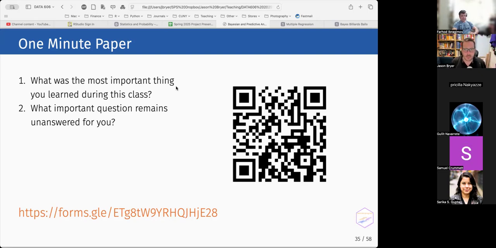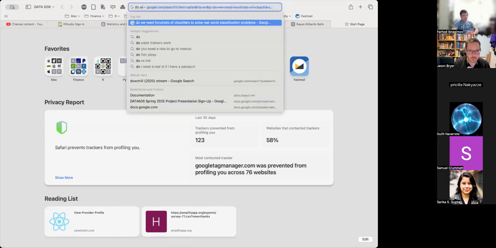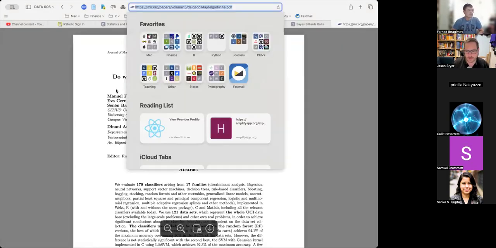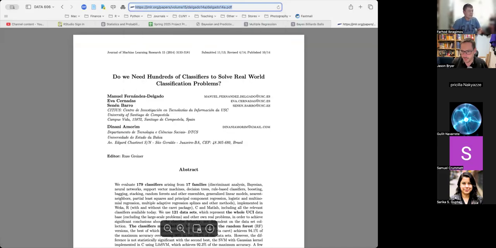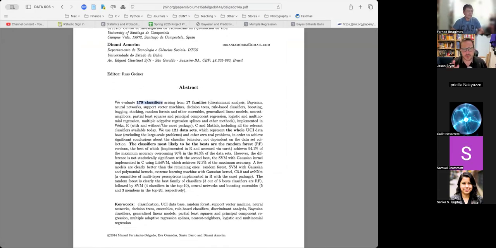Anyways, a paper I really, really love. Oh, look at that! It comes right up immediately in my search because I search for it all the time to share it. This paper looked at 179 different classifiers. So this is only doing classifying, which means something like logistic regression.